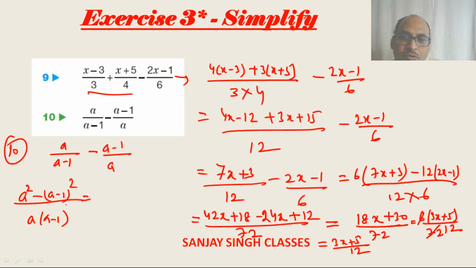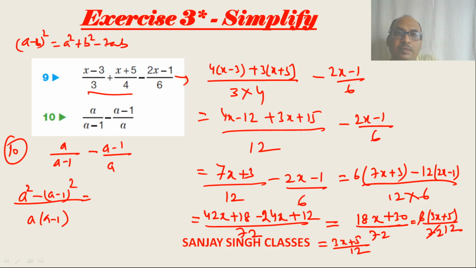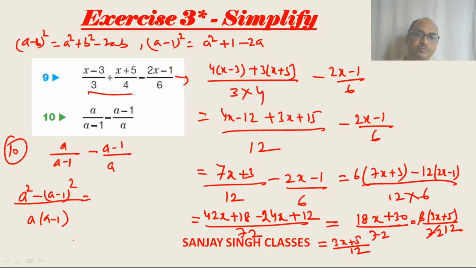We can utilize the formula also, but whether our students know the formula or not. So we will go for a minus b whole square formula. So it is a square plus b square minus 2ab. Okay, so for a minus 1 whole square, it will be a square plus 1 minus 2a. So that only we are going to write now here.